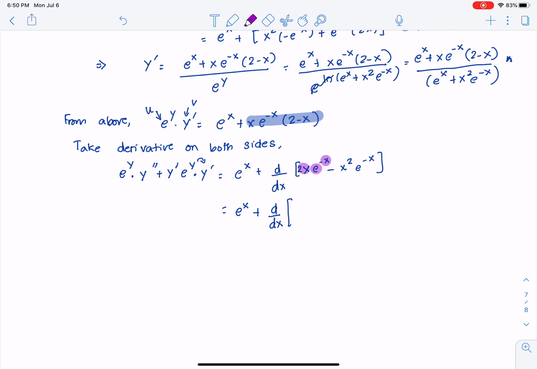u v product rule, u v product rule again. So for the first one, I have u times v prime, negative e raised negative x, plus v times u prime, derivative of 2x is 2, minus u, which is x squared, times the derivative of e raised negative x, which is negative e raised x, plus v e raised negative x, derivative of x squared is 2x.